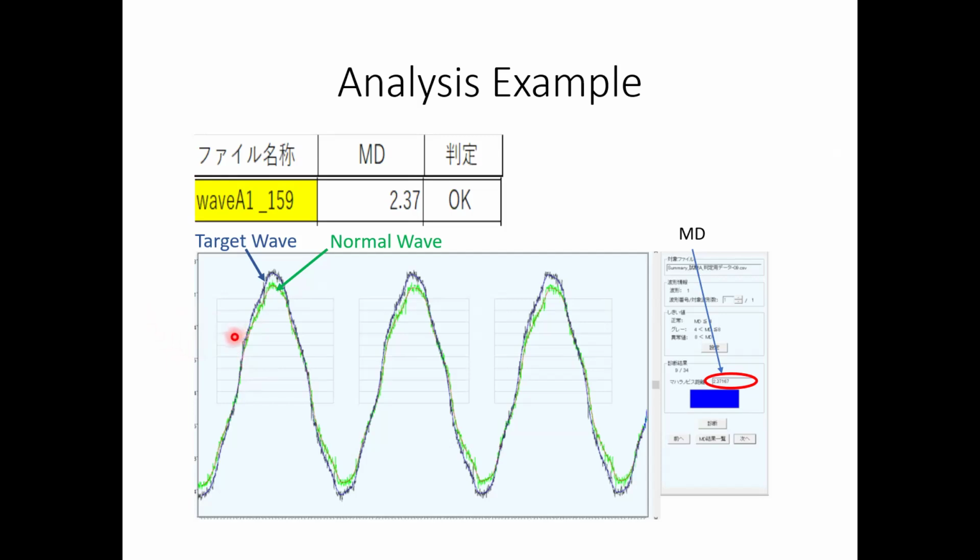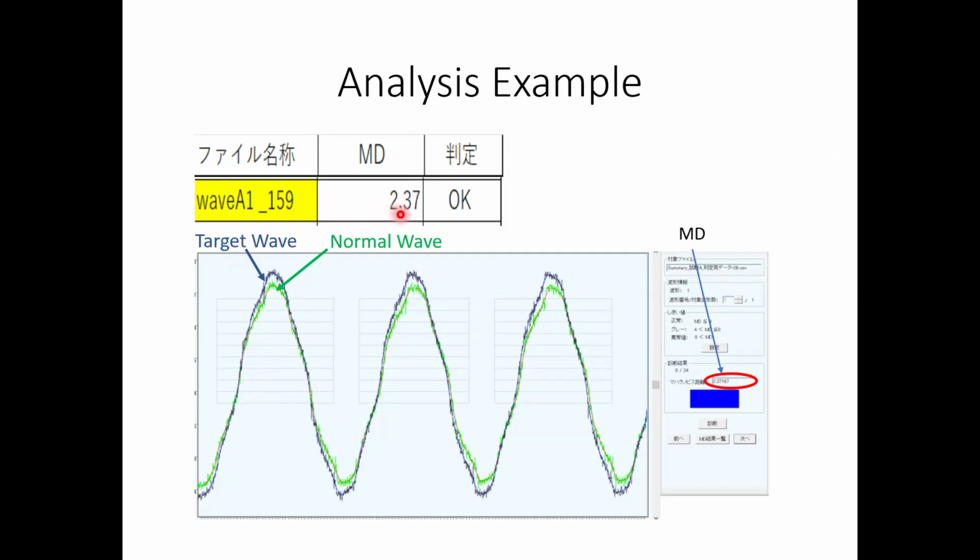In this diagram, the green line is representative waveform of the 10 unit spaces. The blue line is the target waveform. The MD of this target waveform was 2.3.